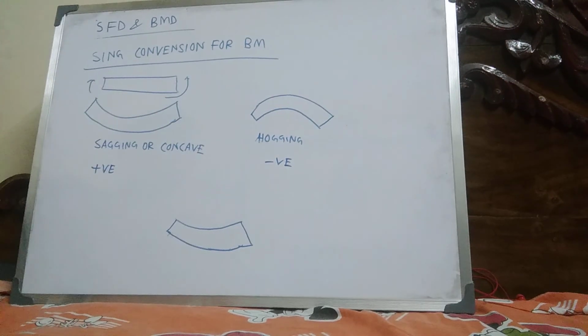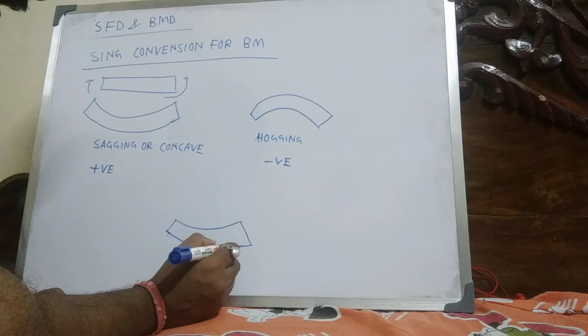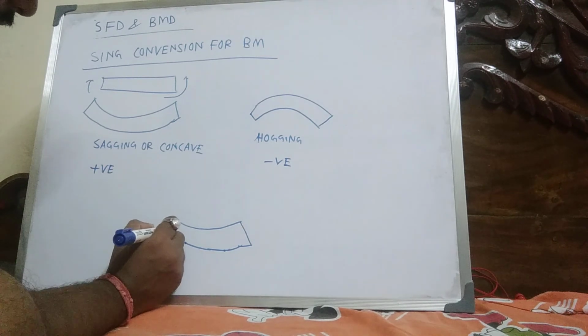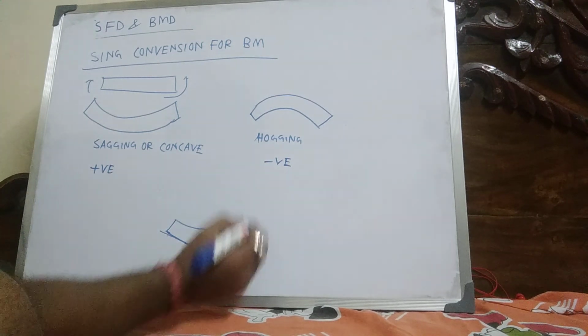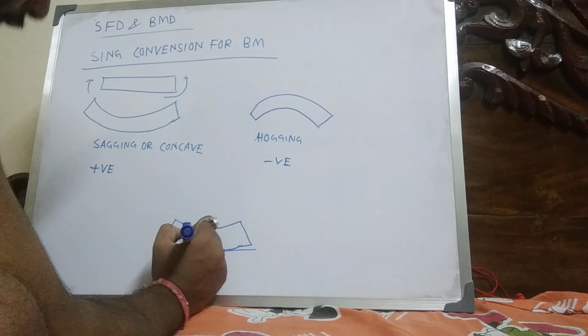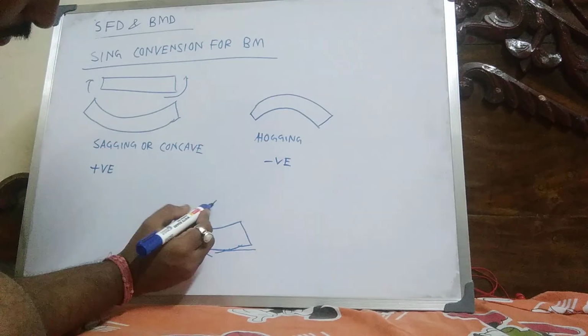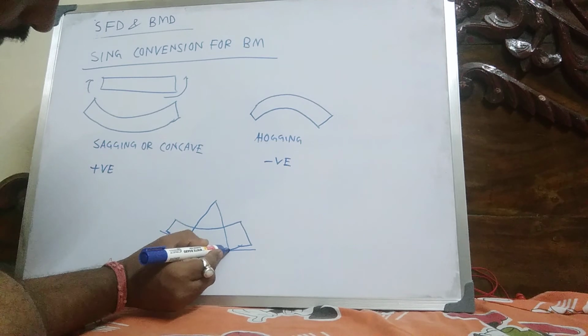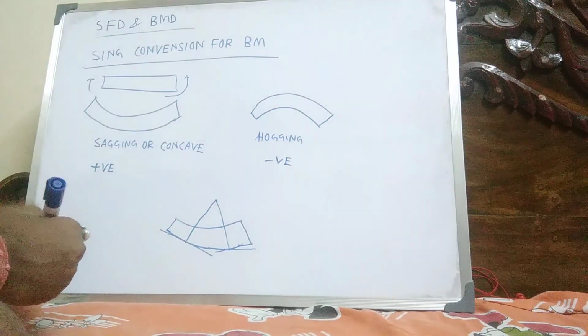Take any 2 points here and here and draw tangents, then draw the normal to the tangent at each point and join them. This is the center of curvature.